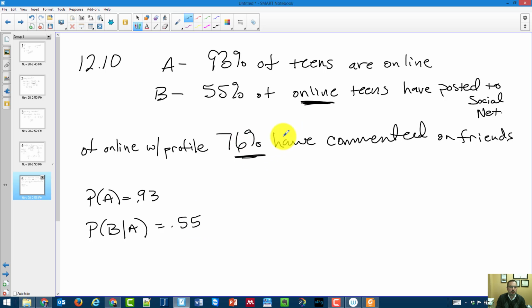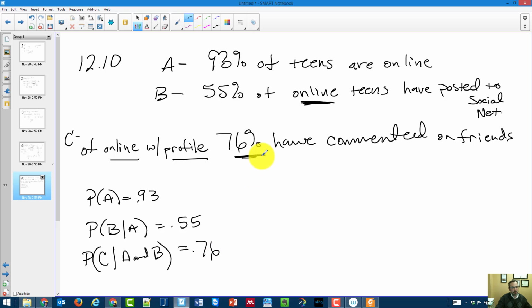And this last one, we're telling you that they are online with a profile. So the probability of C, we're going to call this C, given that A and B have already happened, is 0.76.